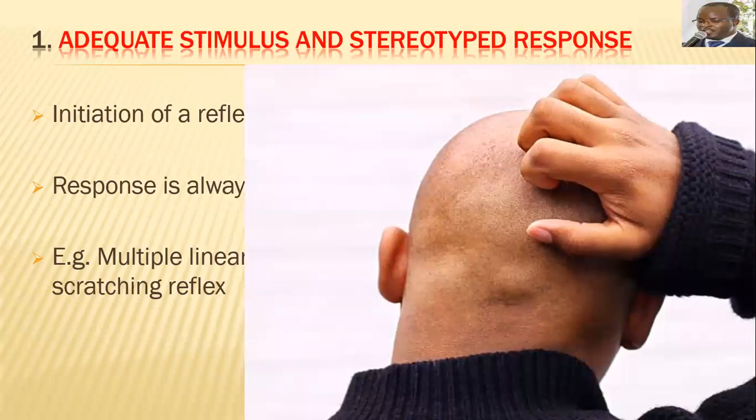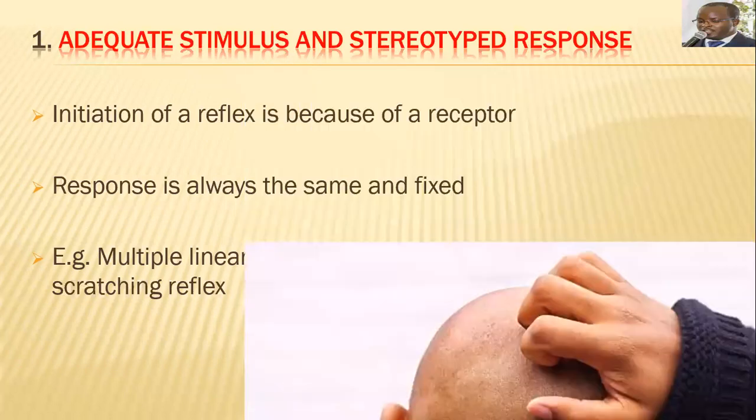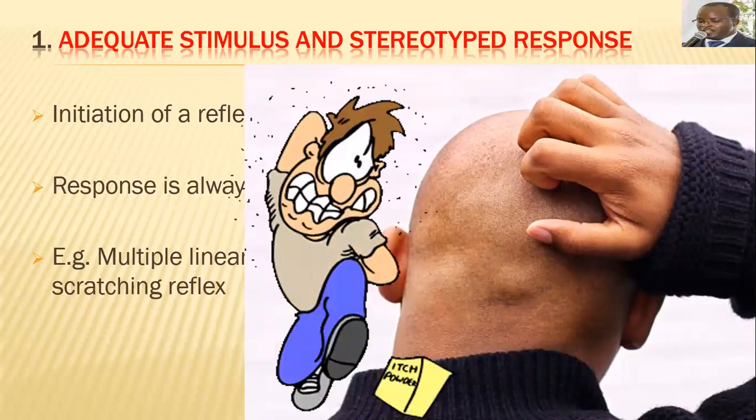For instance, if something is moving on your scalp, like a fluid that is moving, it's going to stimulate you to scratch. So this scratching is a stereotyped response that you get when you have multiple linear tactile stimuli moving on your skin. Or maybe something that is itchy, you're going to scratch.